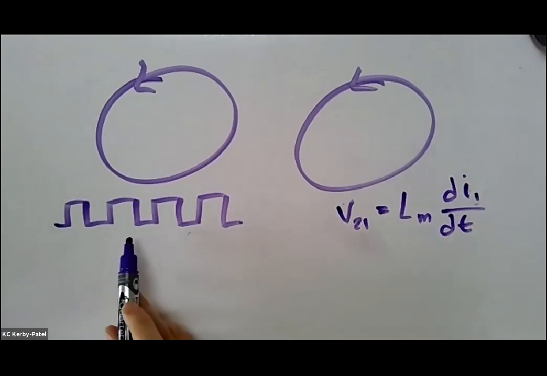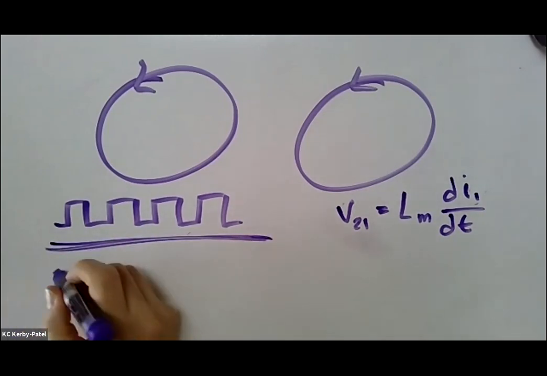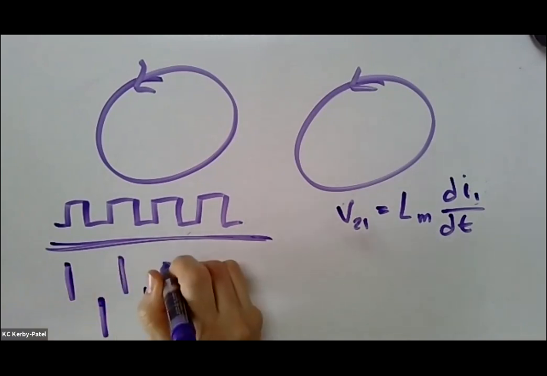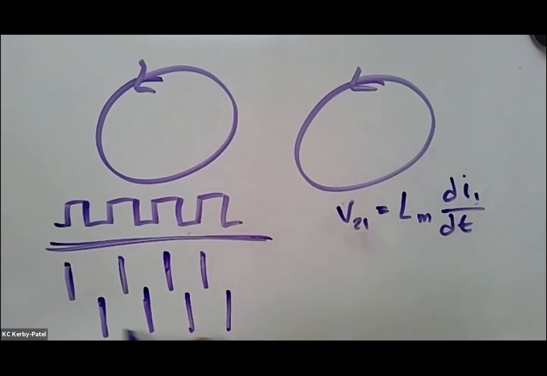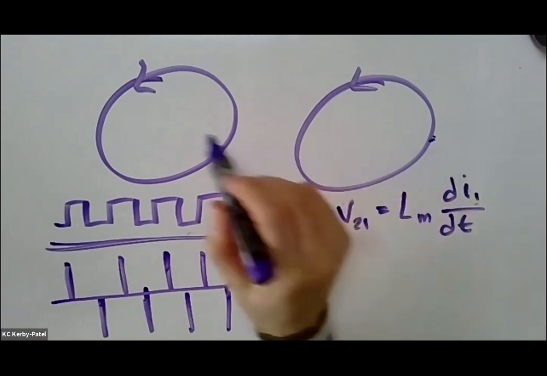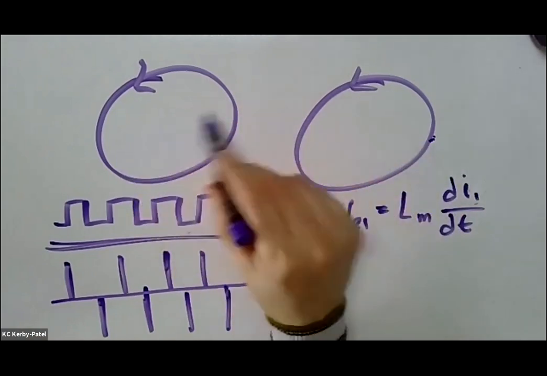The time derivative of a current that looks like this is a delta function train. So you can end up with this really spiky voltage waveform over here in response to this nearby square wave. This kind of thing happens a lot.